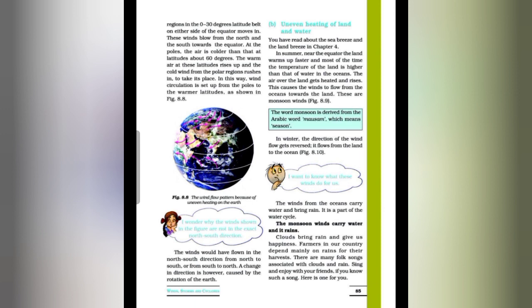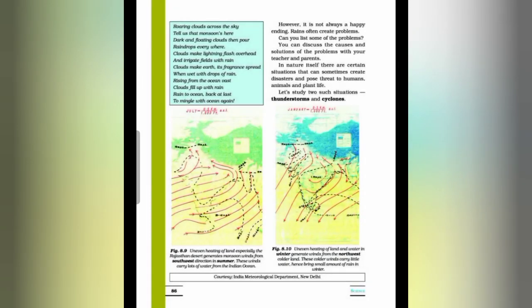In summer, near the equator, the land warms up faster, and most of the time the temperature of the land is higher than that of water in the ocean. So the air over the land gets heated and rises. This causes the winds to flow from the ocean towards the land. These are monsoon winds as it is shown in figure 8.9.